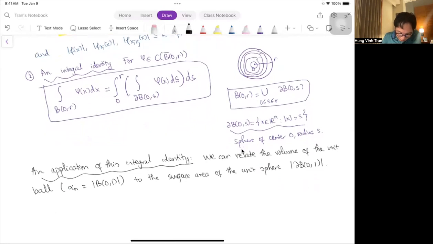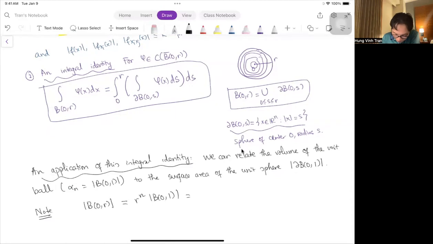How do we relate this? Let me first note a few things and then we plug in. How do I measure the volume of the ball of center 0 radius r? This is just a dilation from radius 1 to radius r, so it is r to the n times the volume of the unit ball, because the unit of volume is length to the power n.